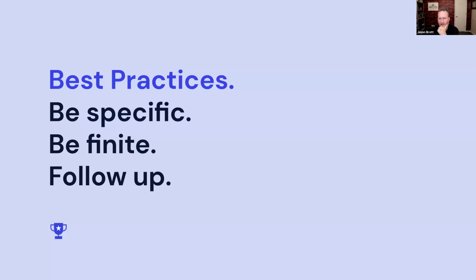Very good. And it looks like we have a question from Mervyn. Yeah, hi. In terms of being specific and then being finite, do you ask a question? I'm thinking now in terms of promoting environmental issues of rewilding areas.